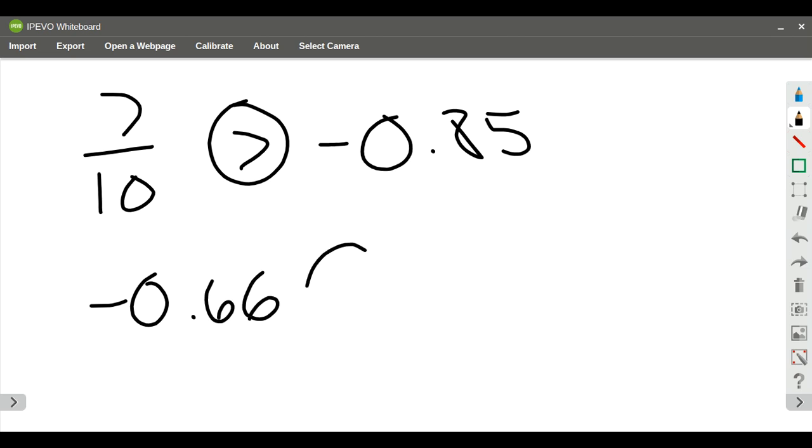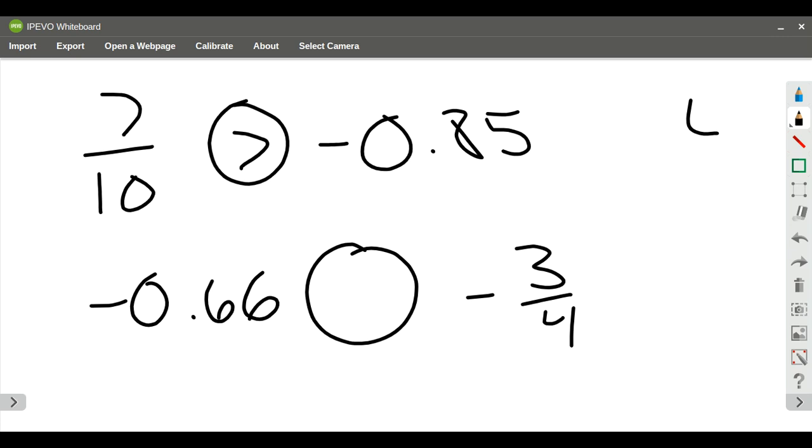But if I have this one, 66/100 compared to negative 3/4, these aren't the same forms. So what I would need to do is I would need to know my conversion for this and say, 3/4 is that. If I don't know the conversion, I need to divide. And so when I divide, I need to go ahead and put my dividend inside the box, which is 3. It's the top number that is the dividend.